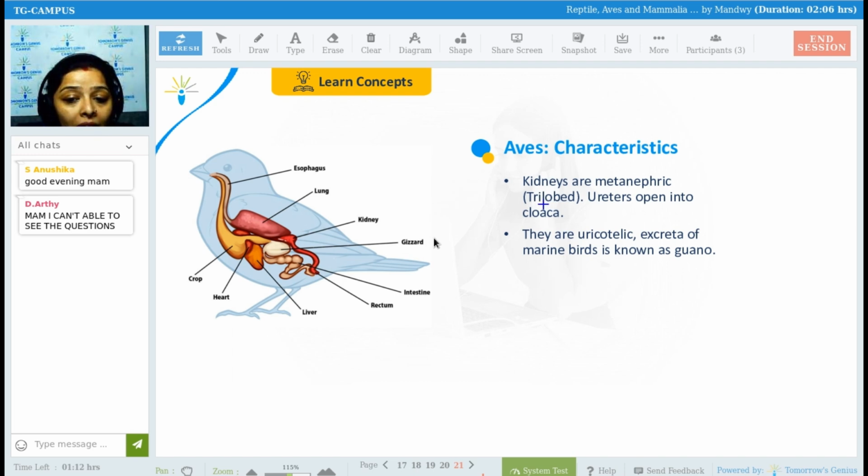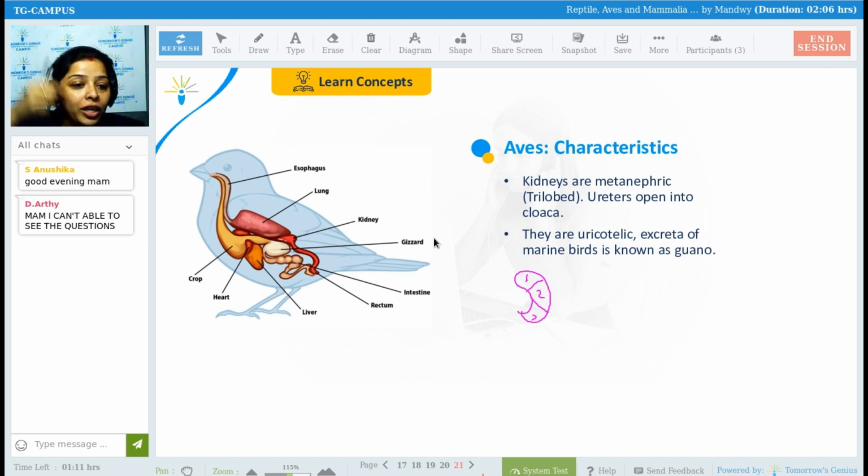It is written as trilobed, meaning the kidney is divided into three lobes. Suppose this is the kidney. The kidney is bean shaped, right? So the kidney is divided into three lobes, 1, 2, 3, and inside there are the outer cortex and the medulla, right?